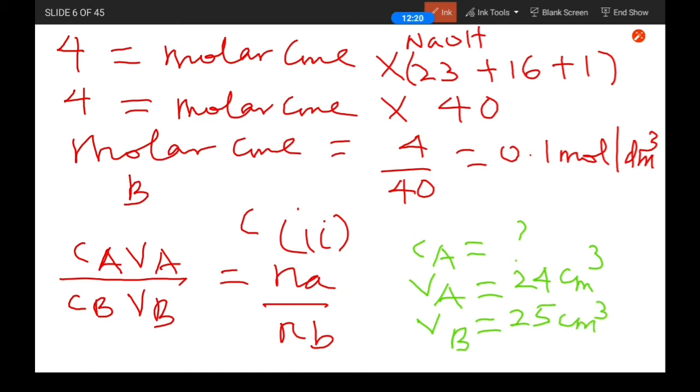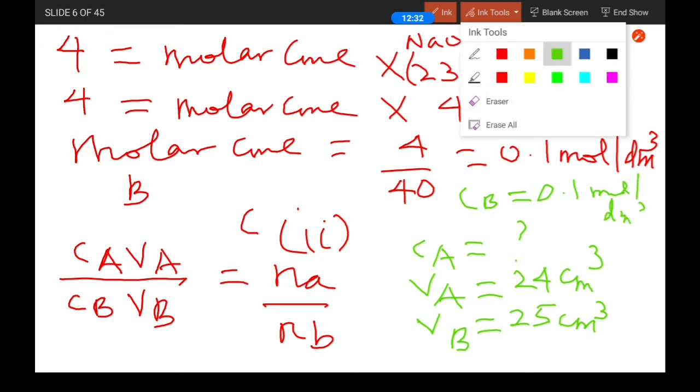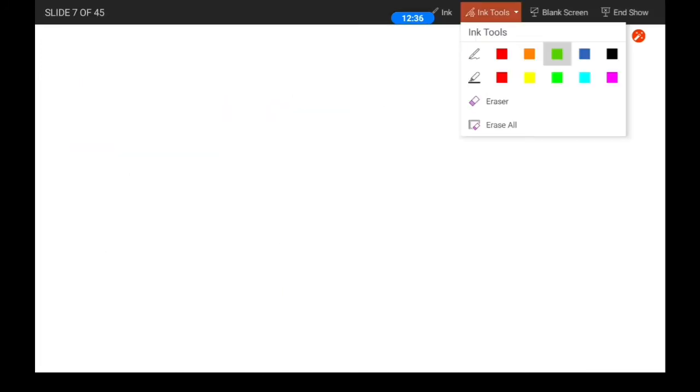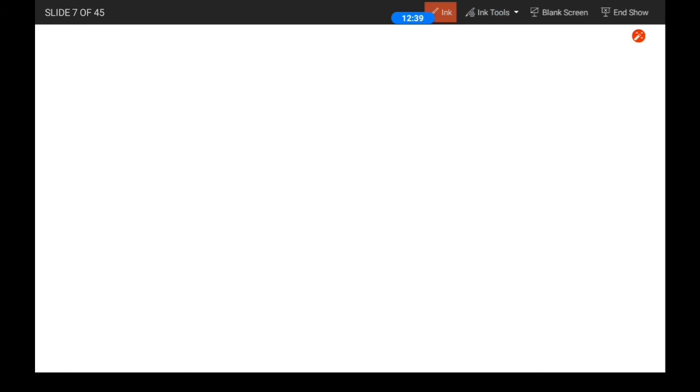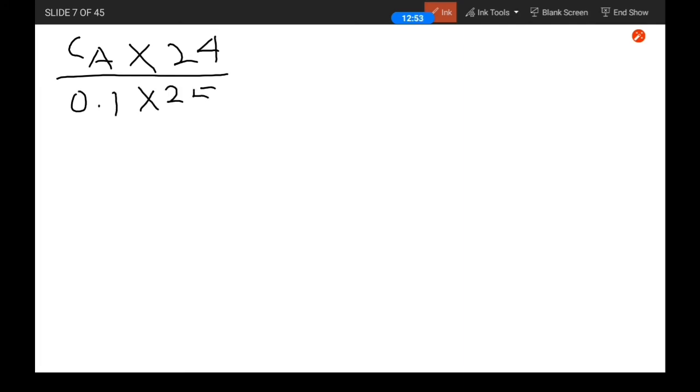And we just calculated our Cb, that is the molar conc of base, 0.1 mole per dm cube, right? So let's put the values into the equation and let's see what we're going to be getting. We are looking for Ca times Va, we have 24, everything over 0.1 times 25.